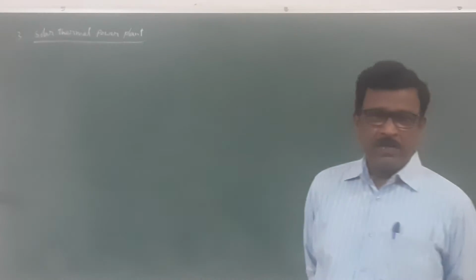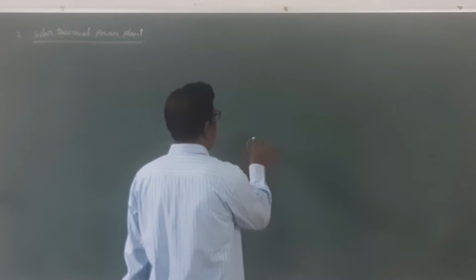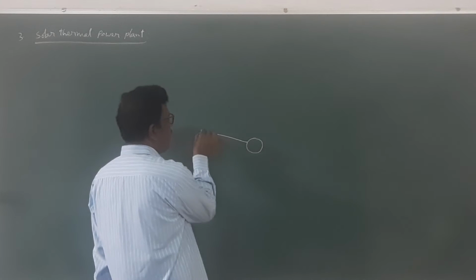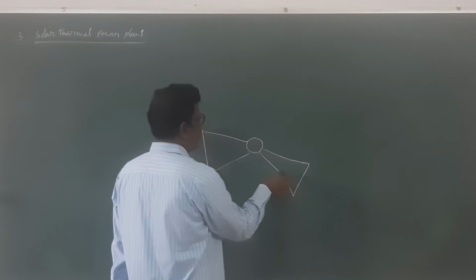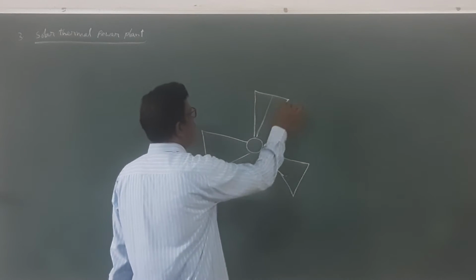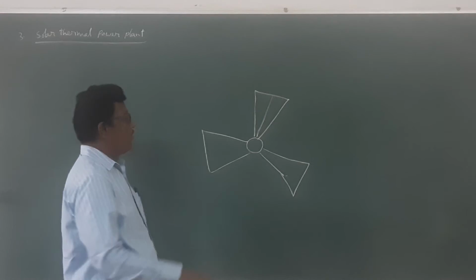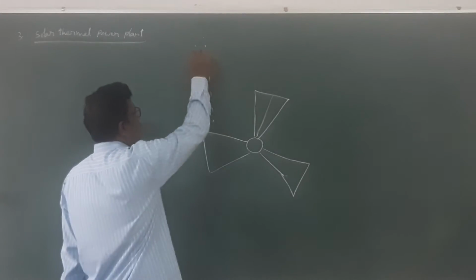In the case of hydroelectricity, there will be a turbine at the hydroelectric power plant. Large turbines will be there. From a very high place, water will be falling on it.